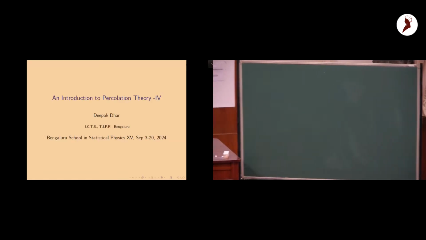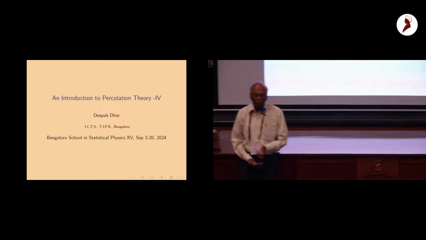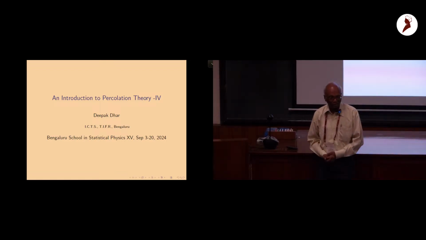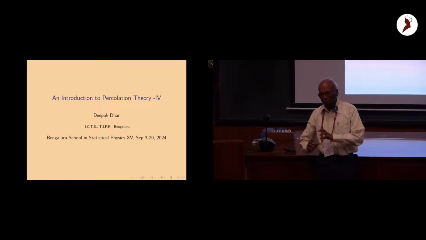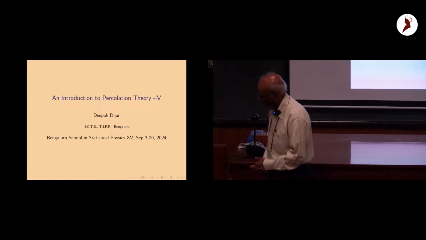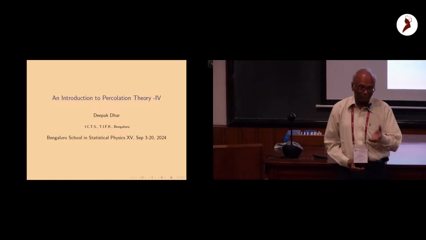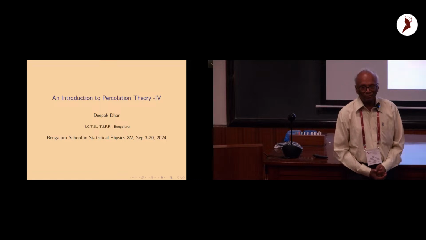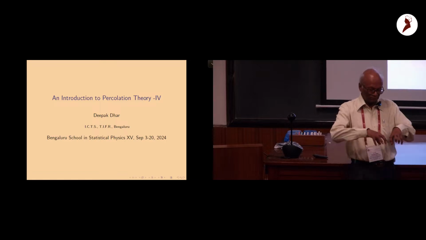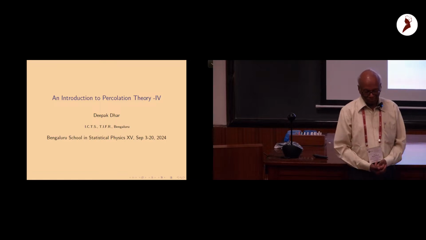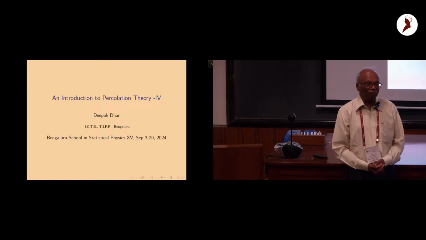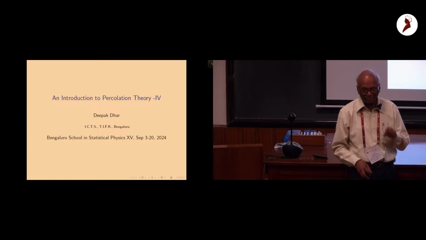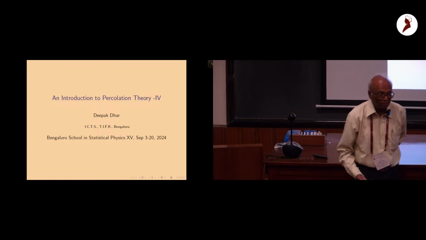First was the animal problem, which is the enumeration of clusters of a given size, and we showed that if you take this problem for directed animals, it becomes equivalent to a one-dimensional lower problem of just counting the different ways you can put nearest neighbor exclusion gas particles, a lattice gas but with nearest neighbor exclusion.